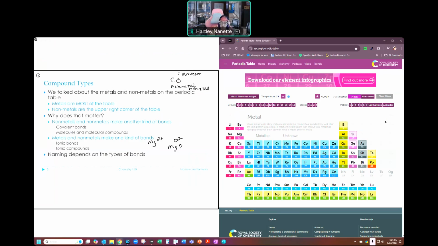So what if I pick something that's an alkali metal instead of an alkaline earth metal? So what if I say, okay, let's talk about Na, which happens to be a +1, right? And I want to put that with that O2-. I still need to make a neutral compound. So I need to have as many positive charges as I do negative charges. In order to make that work, I need to have 2 Na for every oxygen.